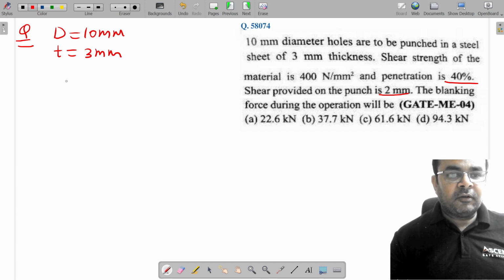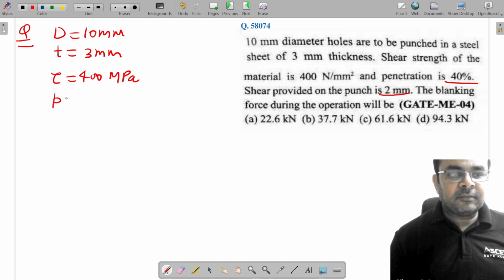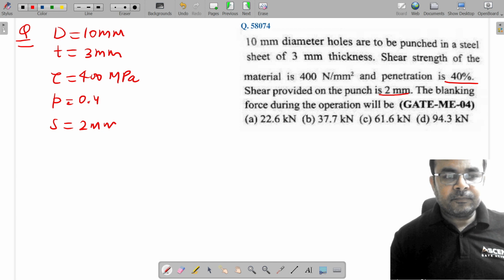The shear strength of the material is 400 megapascal, and the penetration, small p, is 0.4, since 40% means 0.4. The shear on the punch is 2 mm. You need to calculate the blanking force in kilonewton.